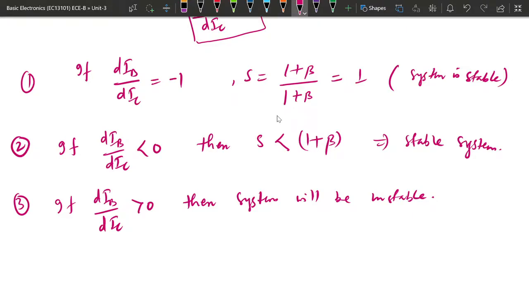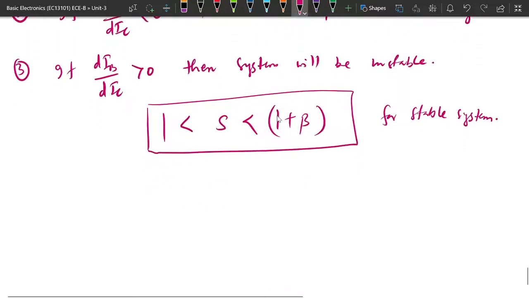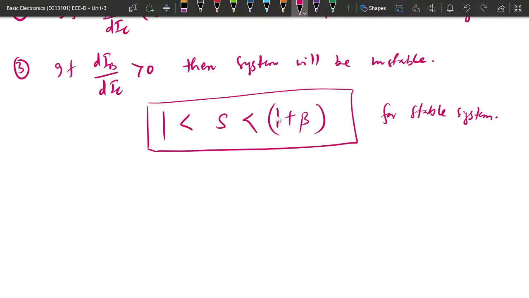So finally we can say the S value should range between 1 plus beta and 1 to have a stable system. For a stable system the S value should range between this and this. This is all about the stability.